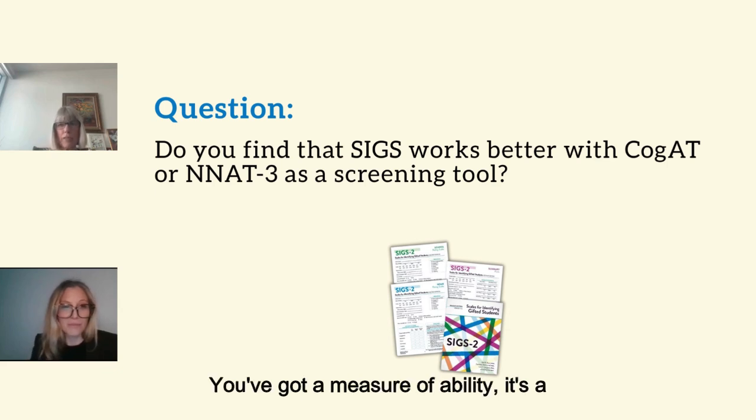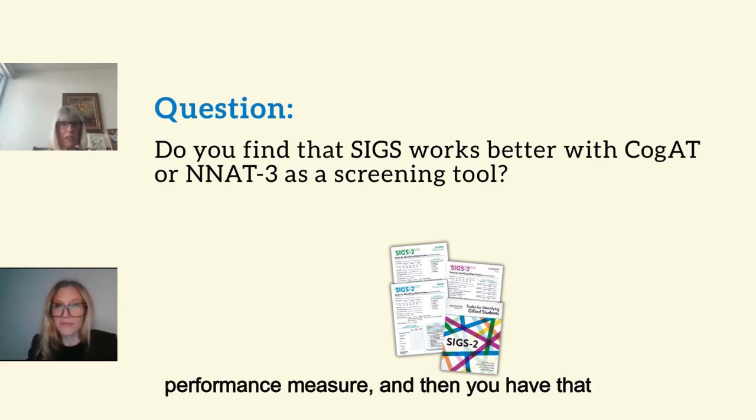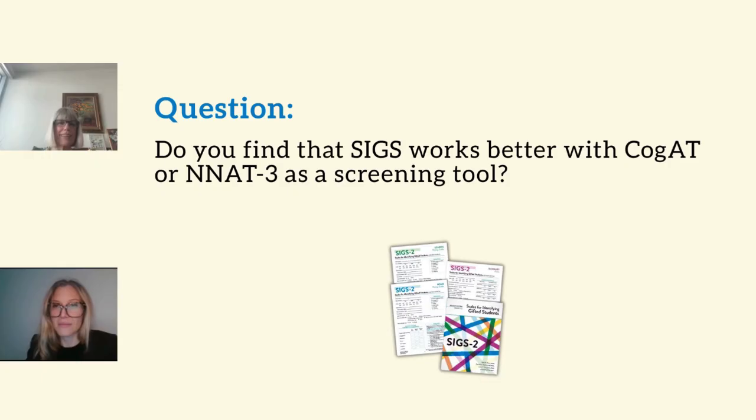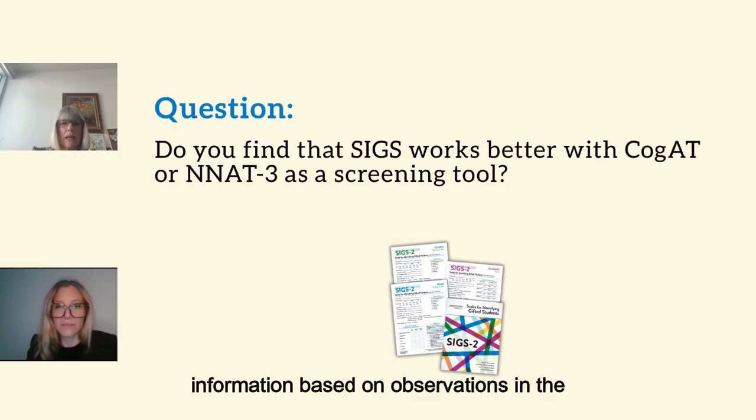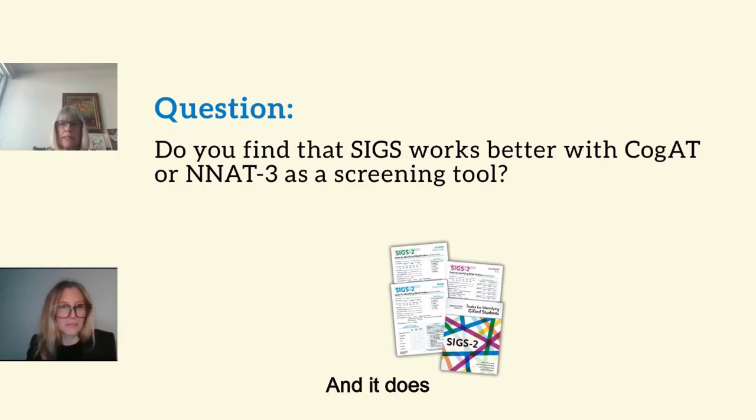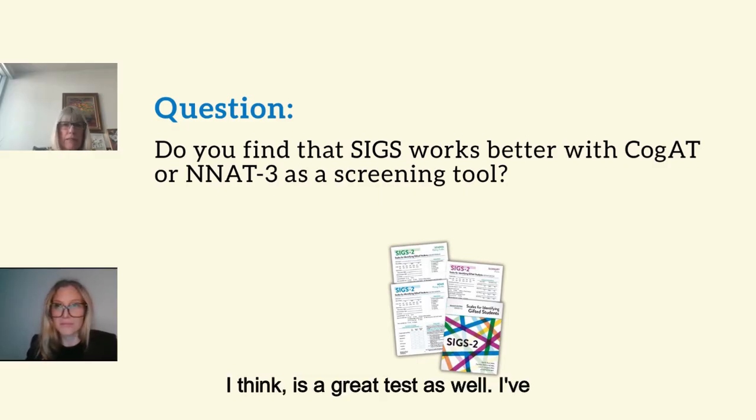You've got a measure of ability, it's a performance measure, and then you have that together with a non-performance measure or rating, where you have information based on observations in the classroom or in the home environment, and it does blend well. The Naglieri, I think, is a great test as well.